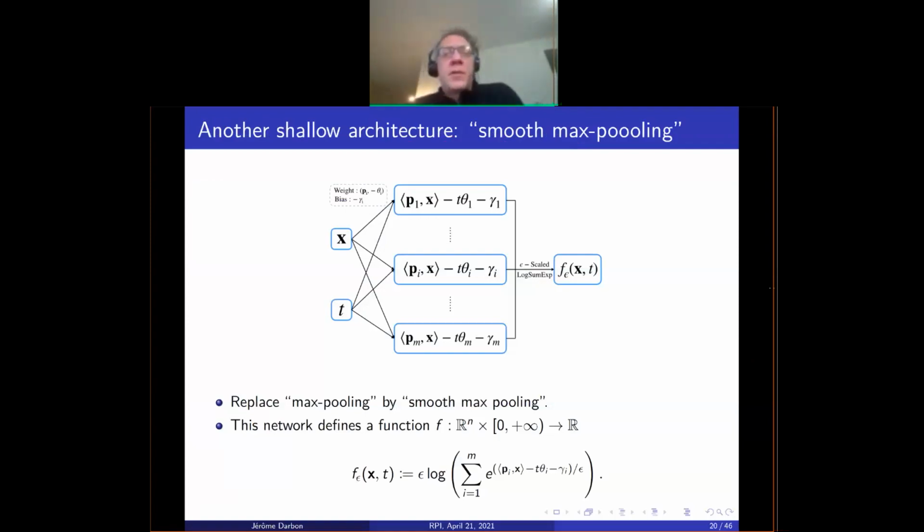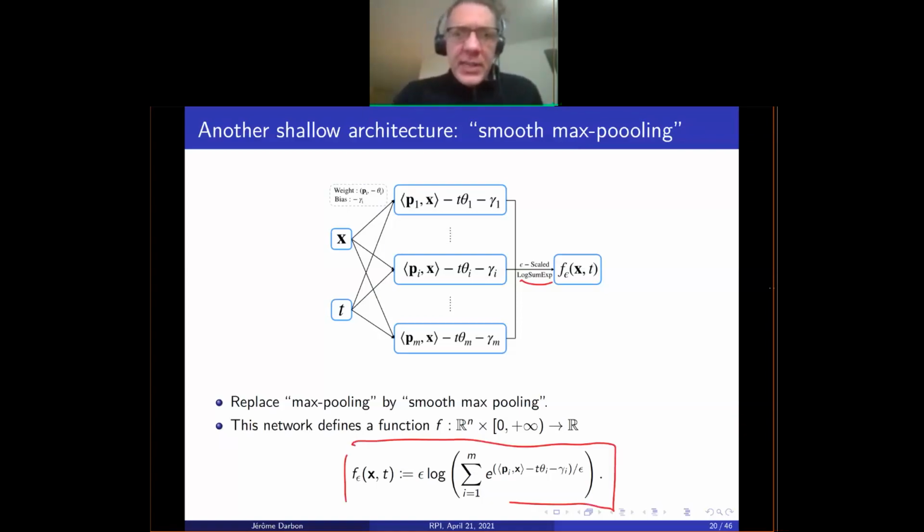You can have, again, a variation of this architecture where we keep the same input, the same shallow structure, but we replace the max pooling by what we call a smooth max pooling. The definition of the smooth max pooling and the associated function defined by the neural network is written here.